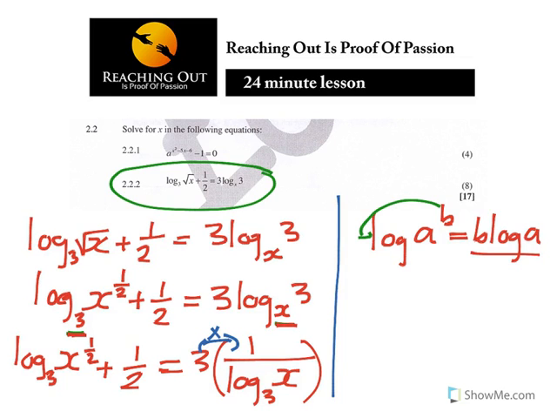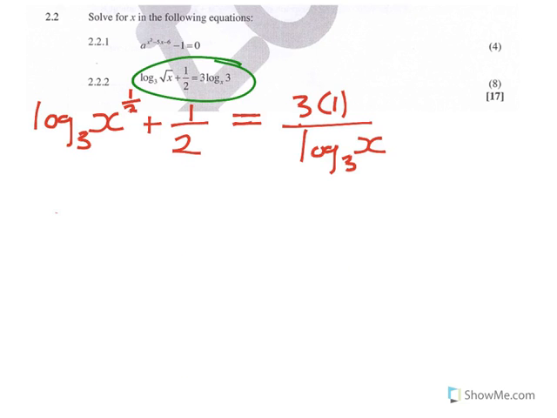Using the same scenario, the power half will drop to come on that side. So you're going to have 1 over 2 log base 3 of x.